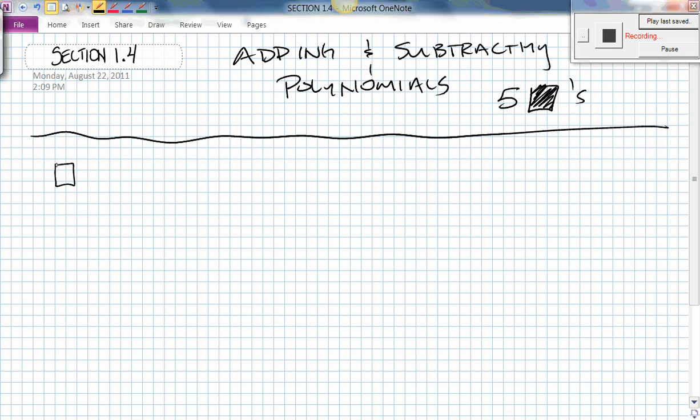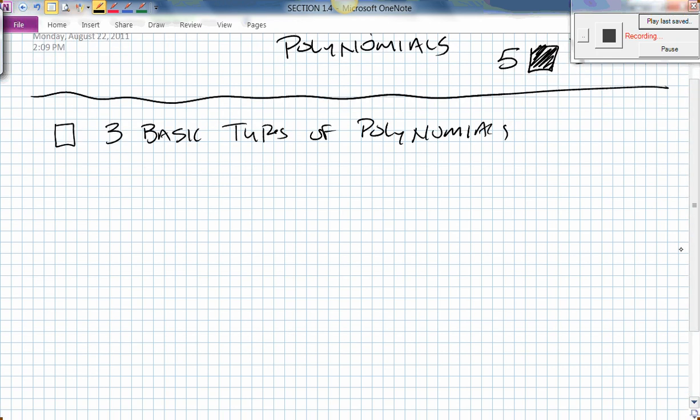Okay, I'm going to start off the day by talking about the three basic types of polynomials. So we'll do 1, 2, and 3. The first one is called a monomial.